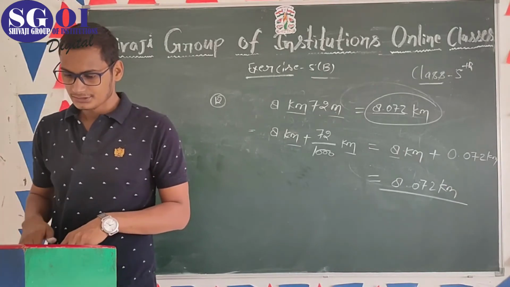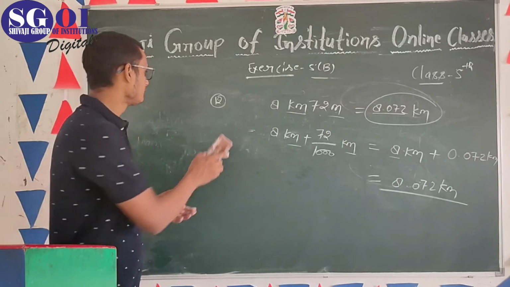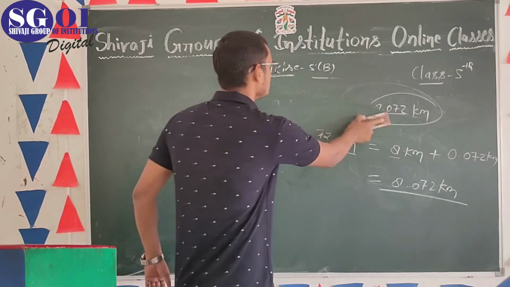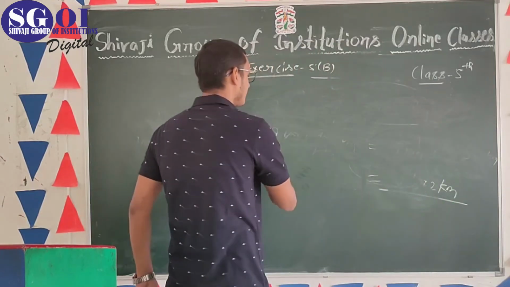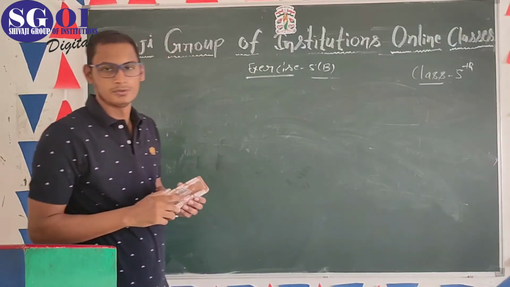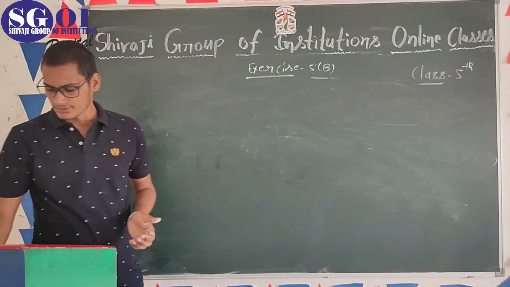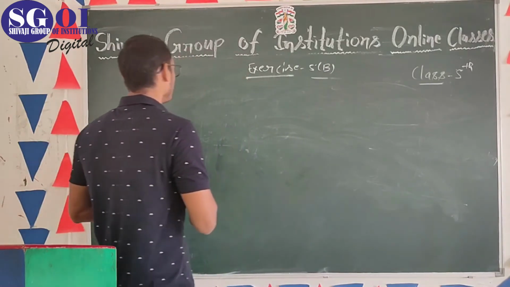Next, question number 17. Kilogram changed into gram, and gram changed into kilogram. As we know, 1 kilogram is equal to 1000 gram, and 1 gram is equal to 1 upon 1000 kilogram.